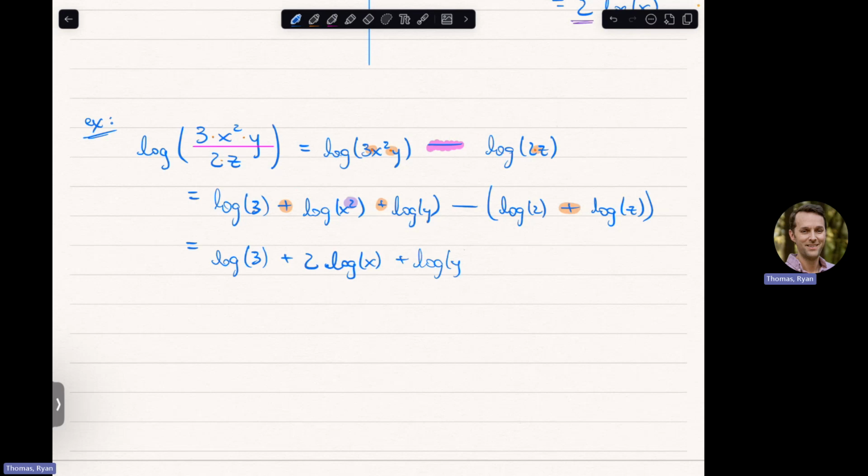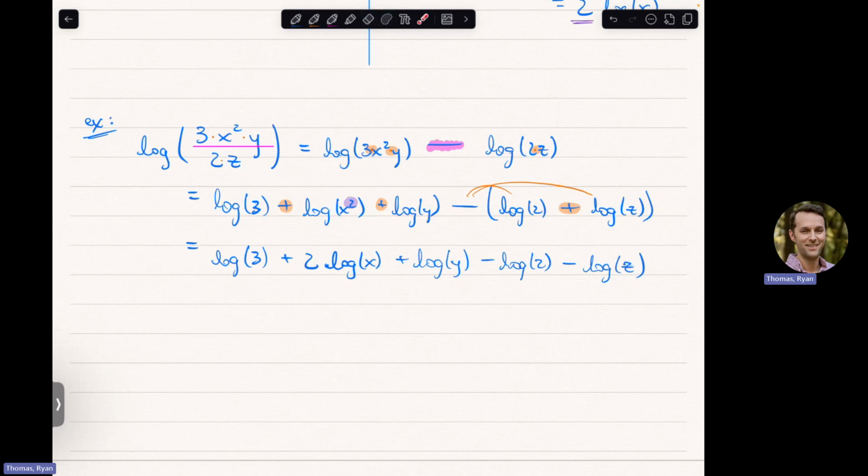I don't have any context for what y is, so I can't do anything to clean that up, minus the log of 2. Again, that one's not going to simplify nicely, right? You can check in a calculator if you want. This is some messy decimal thing, so we're going to leave it like it is. And then just here, watch out to distribute that negative. So this is minus the log of z.